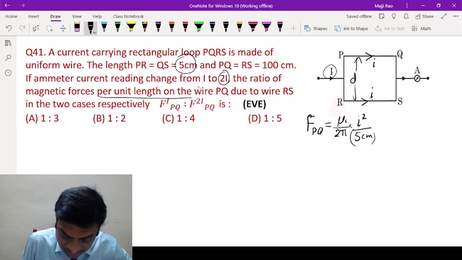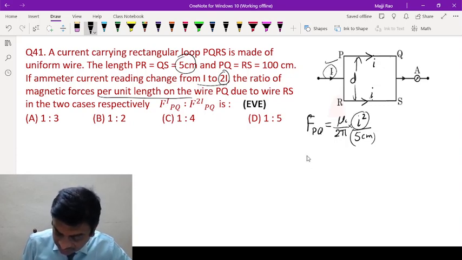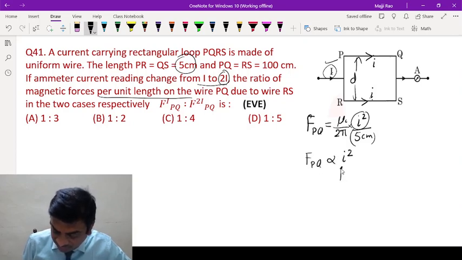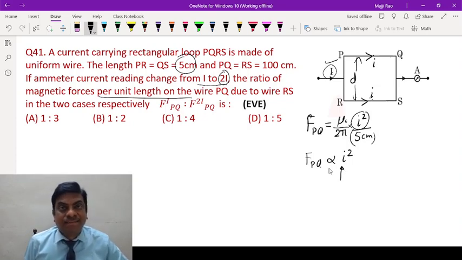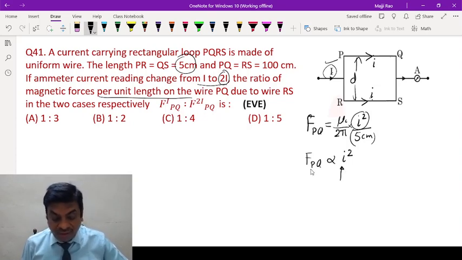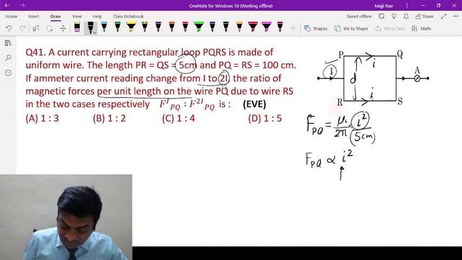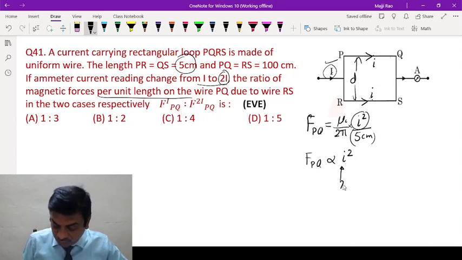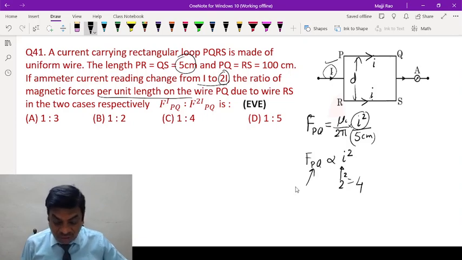Now in the two situations, when the current is changed from I to 2I, you can see only this current changes. So the force is proportional to square of current. So if we can find the factor of change for current, automatically we can find the factor of change for PQ. So factor of change of current is 2. So 2 square is how much? 4. So factor of change for force is 4.